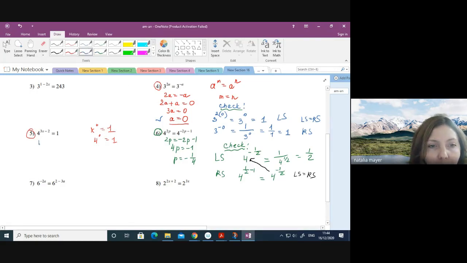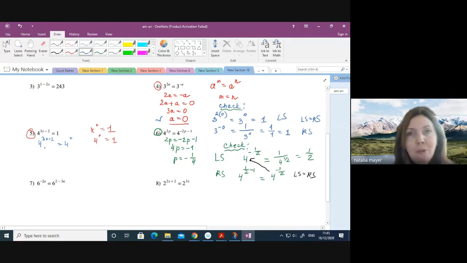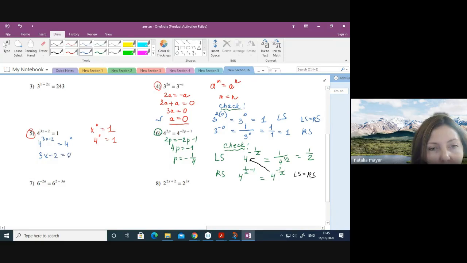So I will have 4 to the power of 3x minus 2 is equal to 4 to the power of 0. On the tasks, this step is a must. You have to show me the step where you made the base the same, and then you have the right to drop it in order to equate the exponents. So now we can drop the base, and the exponents give 3x minus 2 is equal to 0, 3x is 2, and x is 2 over 3.